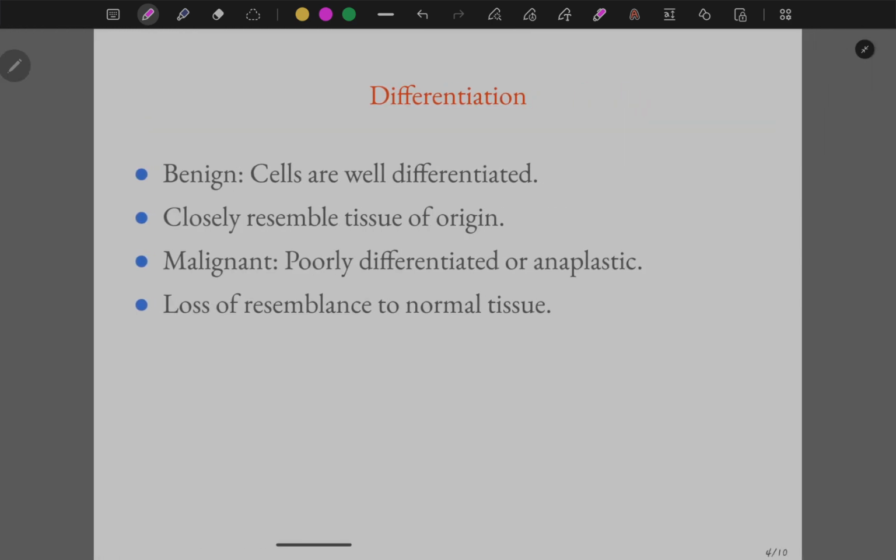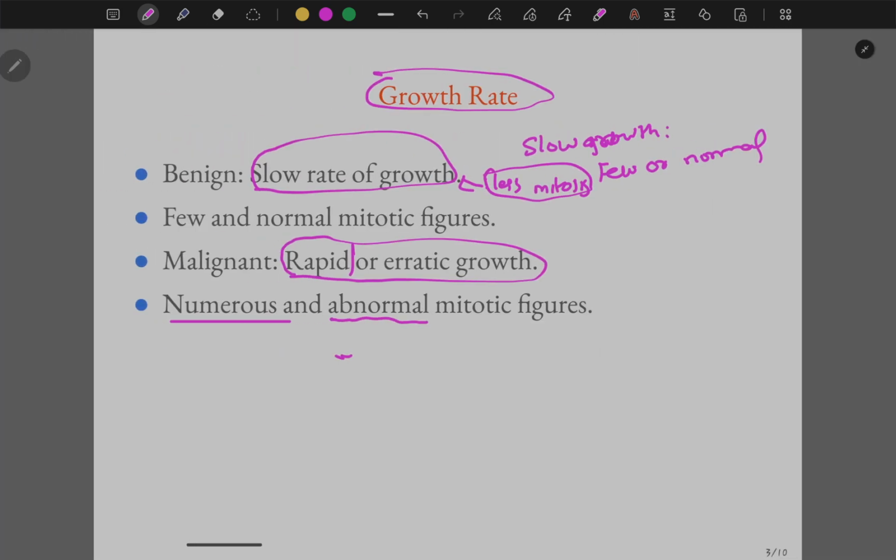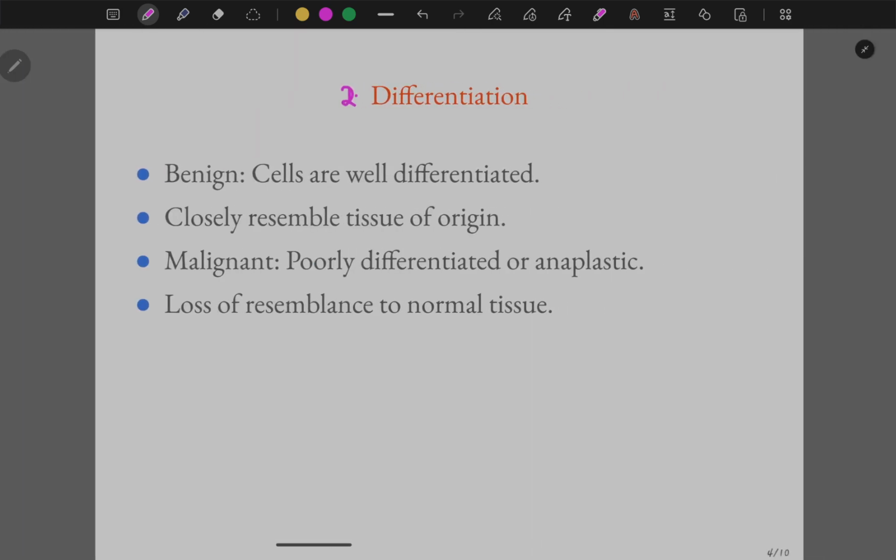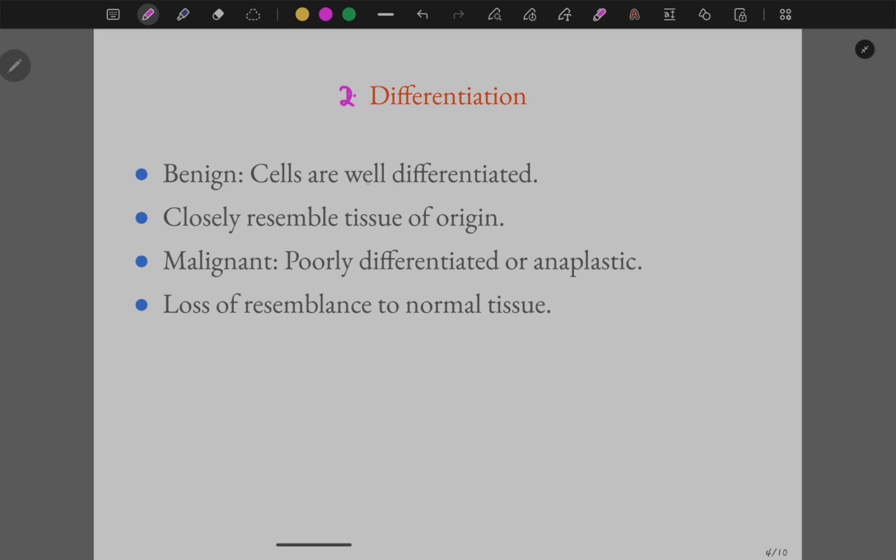Next, the differentiating feature is differentiation: first growth rate, then differentiation. Benign tumors are well differentiated, that is, they resemble the tissue of origin very much. Malignant neoplasms are poorly differentiated, or we say anaplastic.